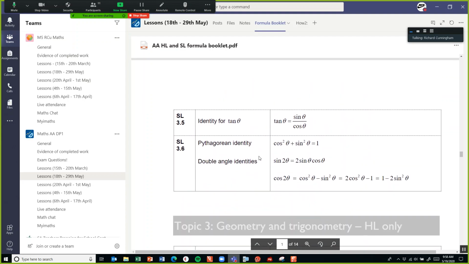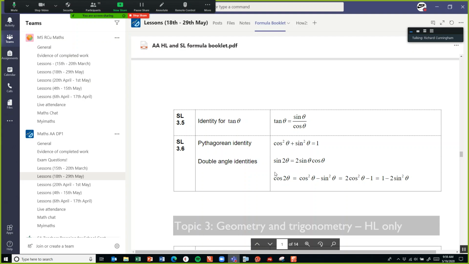Yes, standard level. Here we go. Double angle identities. Sine 2 theta equals 2 sine theta cos theta. And the one that we're going to show is this one. Cos 2 theta equals cos squared theta minus sine squared theta, which also equals 2 cos squared theta minus 1, which also equals 1 minus 2 sine squared theta.